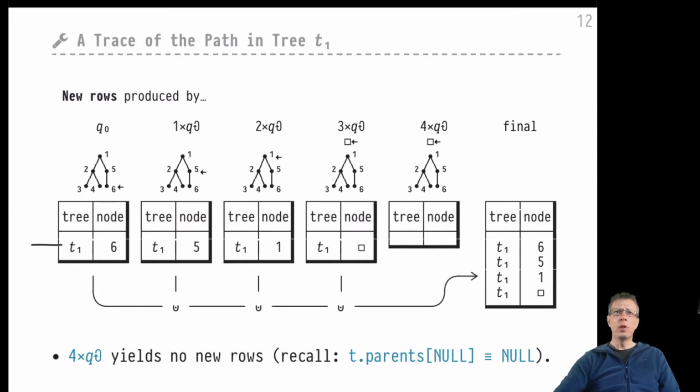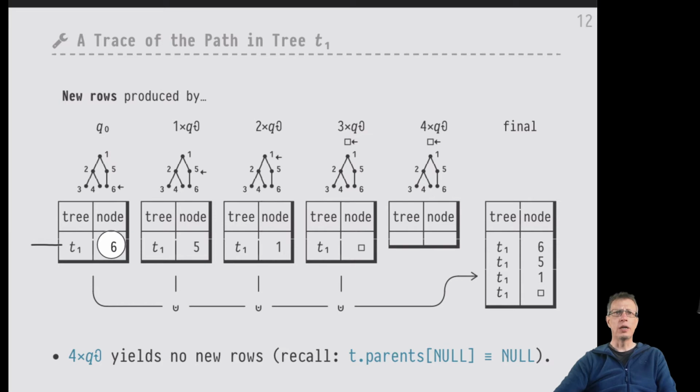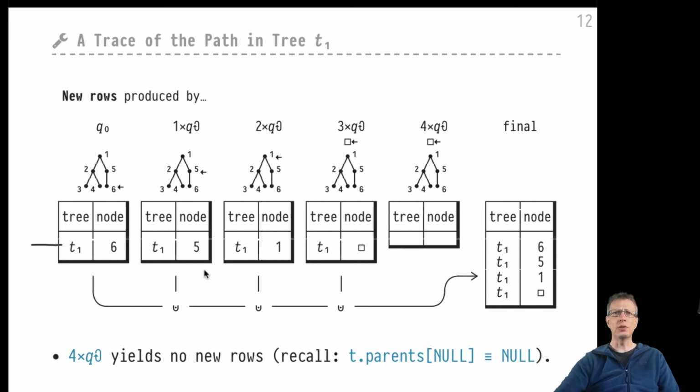This query will use the parents array to look up the parent of this particular node, and it will find node 5. Indeed, if we look for the parent of node number 6, it's node number 5. So this would be the next node that we add to our resulting table.